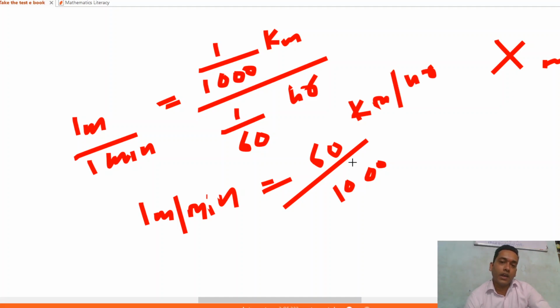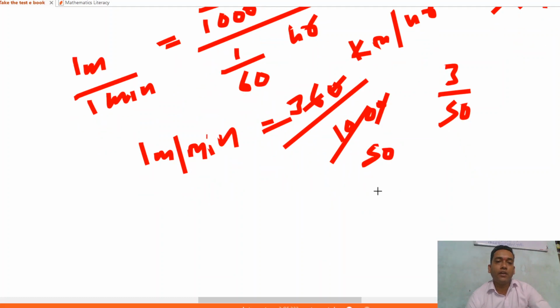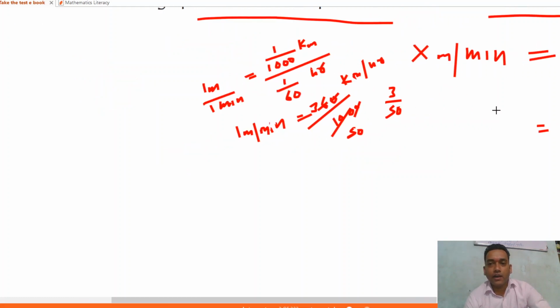On cancelling 0 0 and then 2 3s are 6 and 2 50s are 100, you'll get this 3 by 50. So 1 meter per minute is equal to 3 by 50 kilometer per hour, and for any x meter per minute you have to multiply this with that x and you will get your final answer.